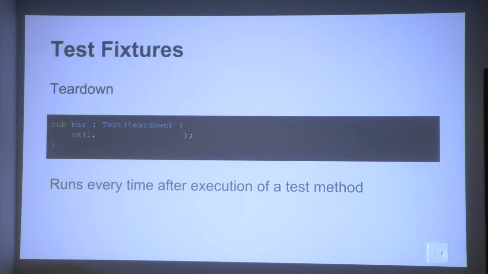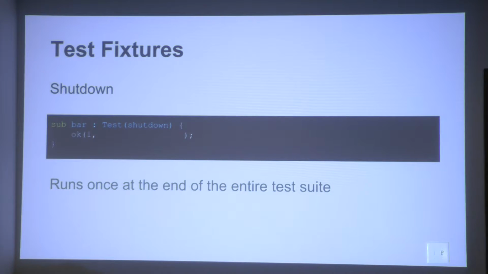It's run after the execution of each test method. So using the setup and teardown, we can essentially reset our environment. Perhaps in the setup we could create our tables, and then in the teardown we drop all of our tables, so that way we continuously have a clean environment for our tests to run in.